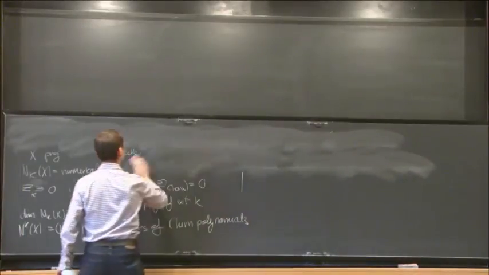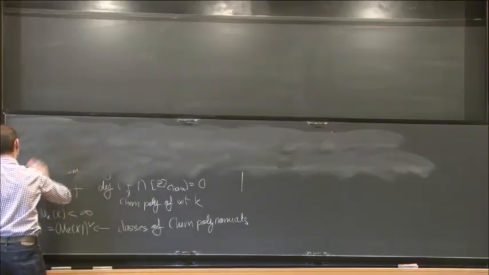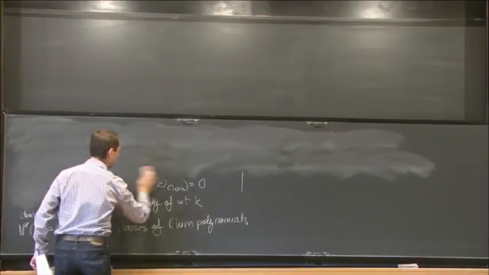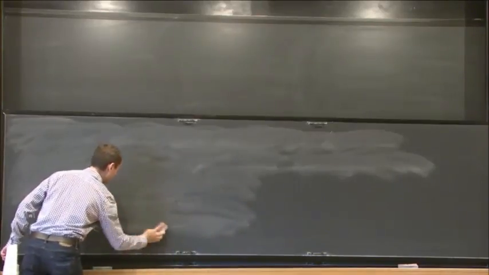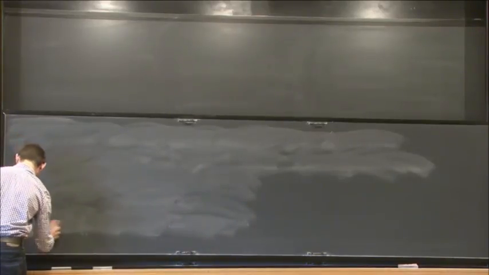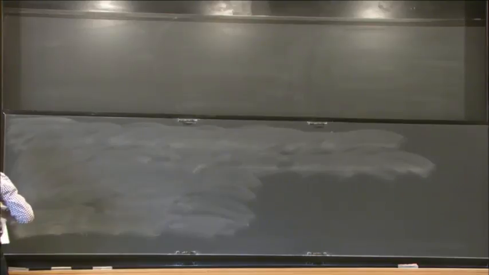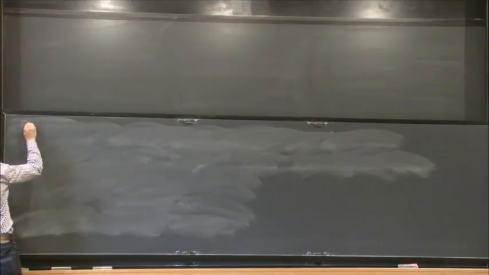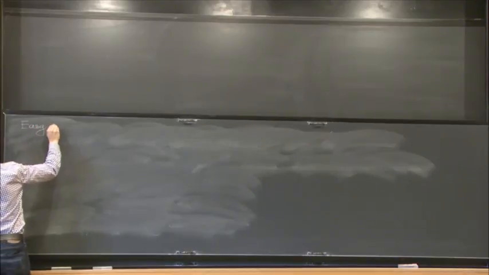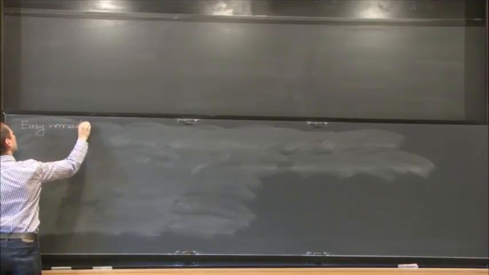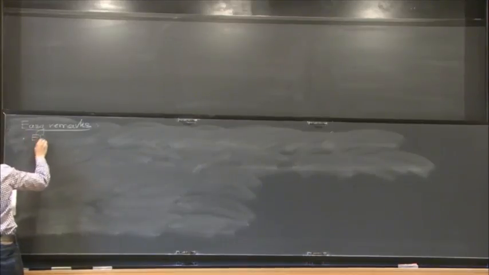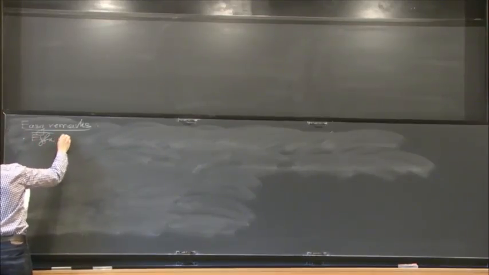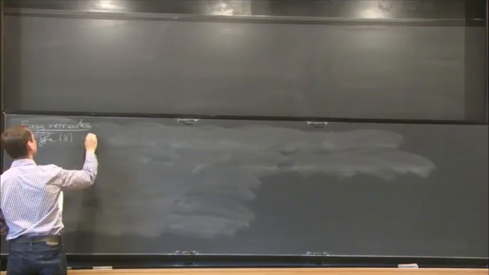Okay, now let's see. What can we say about these cones in general? So let's put some easy remarks. So of course, the effective cone generates the numerical group.